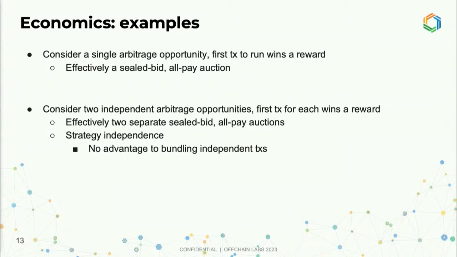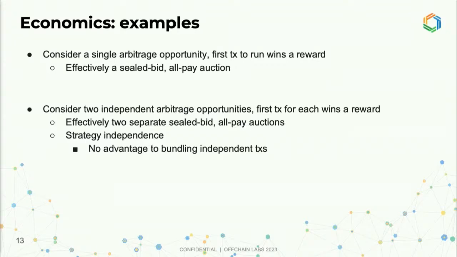So if you get the bright idea of making one transaction that first grabs arbitrage opportunity A and then grabs opportunity B, that will use roughly twice as much gas, or roughly the sum of the gas that you would spend by going after A and going after B. So that is roughly equivalent to submitting two separate transactions that happen to have the same bid and are aiming at the two opportunities. So the bundling of transactions in order to somehow piggyback on top of some other bid doesn't quite really exist here.